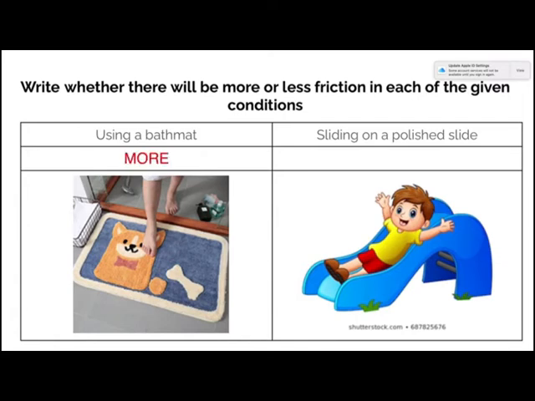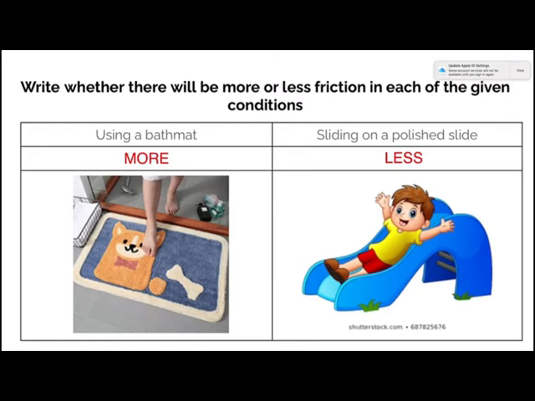Using a bath mat would allow more friction because if your feet are wet after taking a shower and you put your foot down on a plain surface like the floor, it can allow you to slip. But if you have a mat, it would create friction between the mat and the wet foot, allowing you to not fall and hold your grip to the ground.